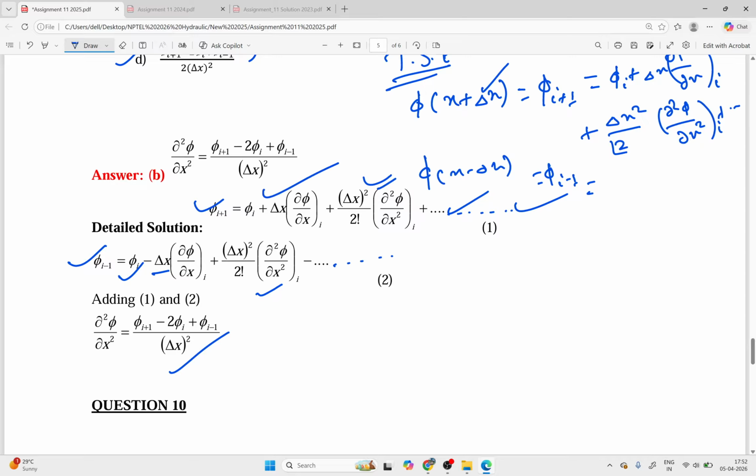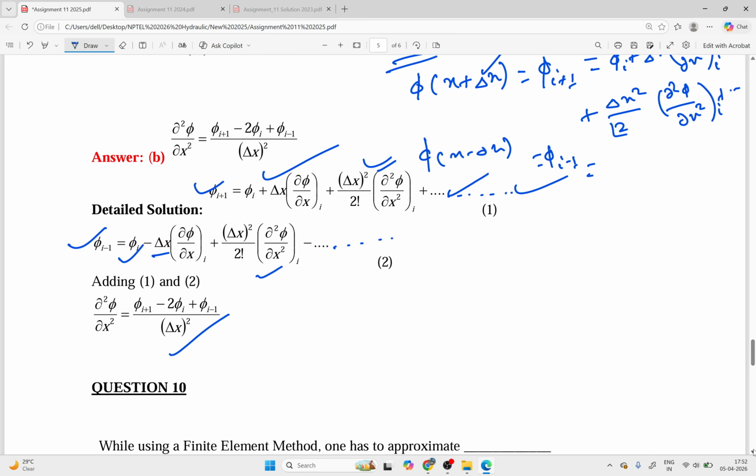How you will expand the term, that is phi at x minus delta x or x plus delta x. These are very common things in CFD.